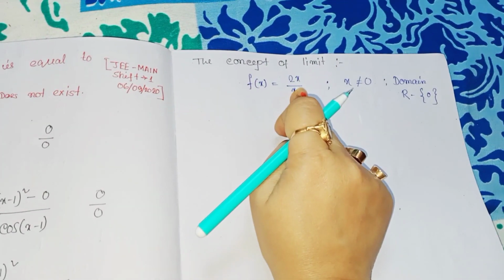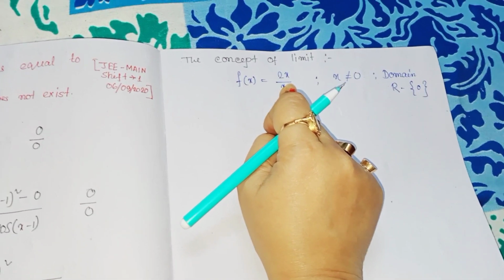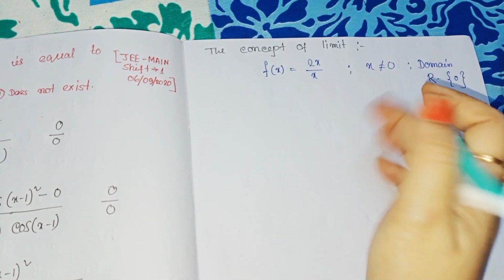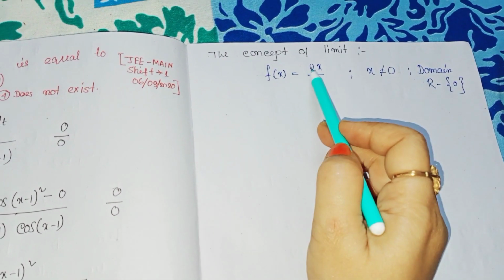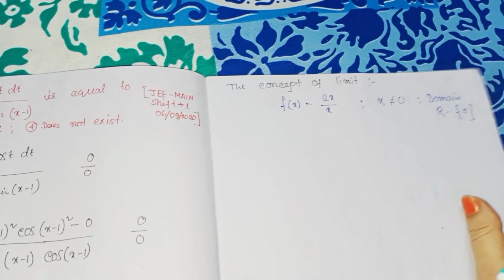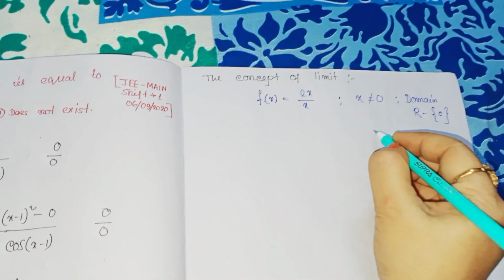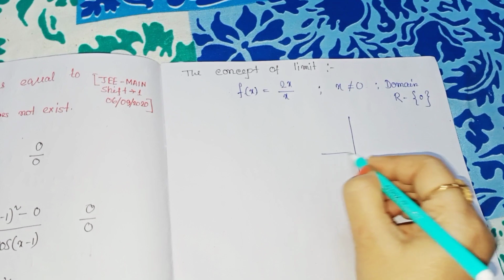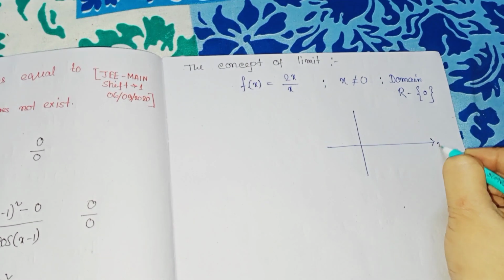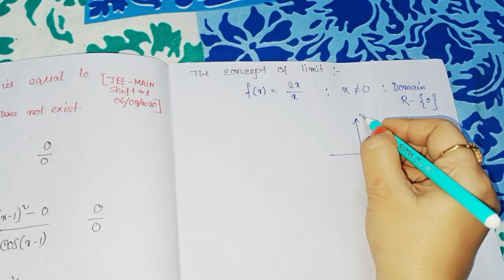Here this is not applicable at the point 0, otherwise at every point f of x is equal to 2x by x. So we just plot it, this is the x-axis and this is the y-axis.